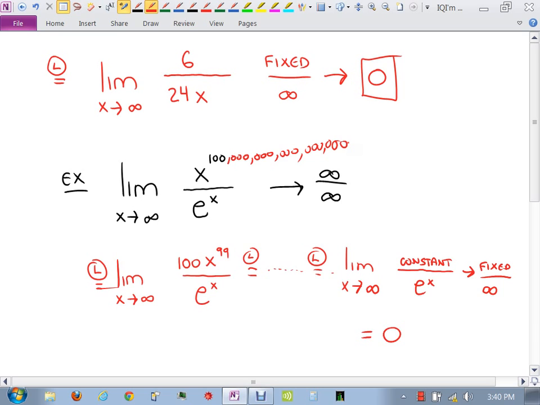Now, you would think x to a huge power, like x to the billion, gazillion, whatever, is just going to take off. And yes, maybe in the beginning it would be bigger than e to the x, but if you go out far enough, eventually e to the x overtakes it and just wipes it out. So e to the x grows fast, exponentially fast. So all exponential functions with a base bigger than 1, like e is base 2.718, something like that.